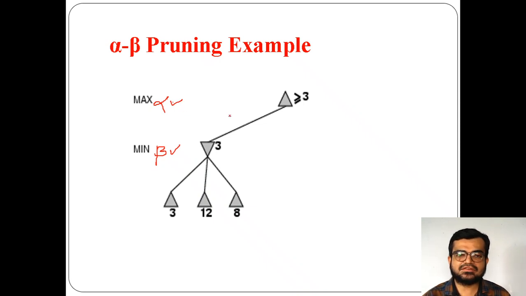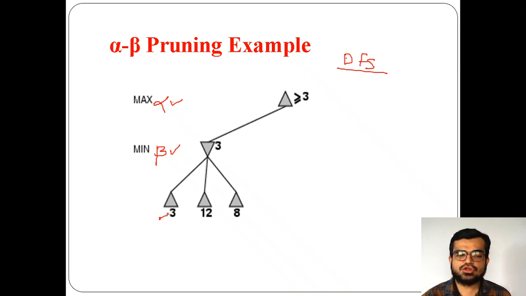As you know, game techniques always use DFS, and it won't use BFS. Since we are using DFS, initially it goes to the child nodes. Now for example, this is my value. What is the value here?